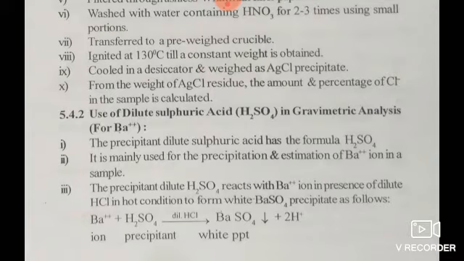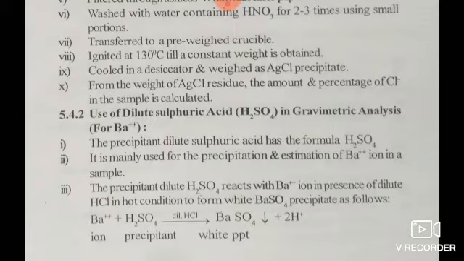Then the next one is the use of dilute sulfuric acid in the gravimetric analysis of barium, that is the Ba++ ion. The precipitant dilute sulfuric acid has the formula H2SO4. It is mainly used for the precipitation and estimation of the Ba++ ion in the sample.